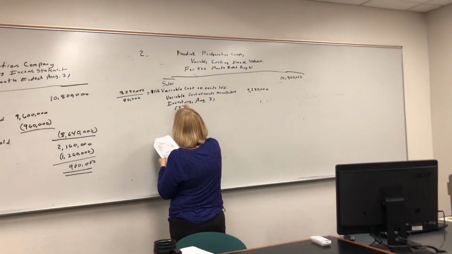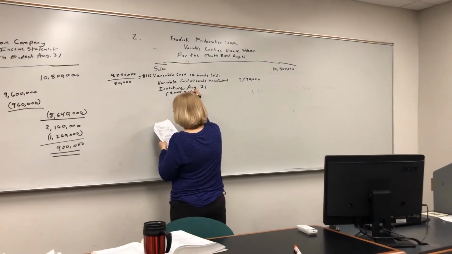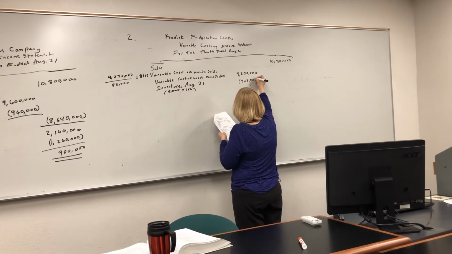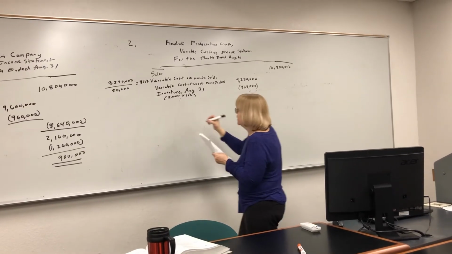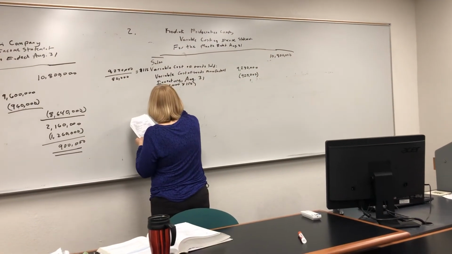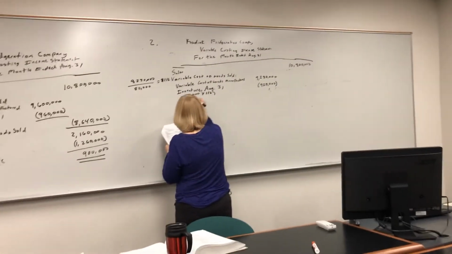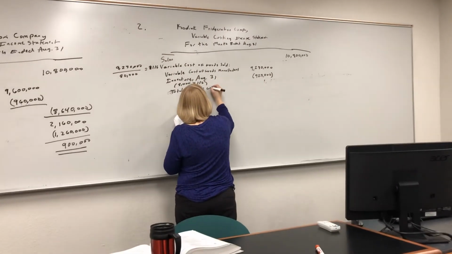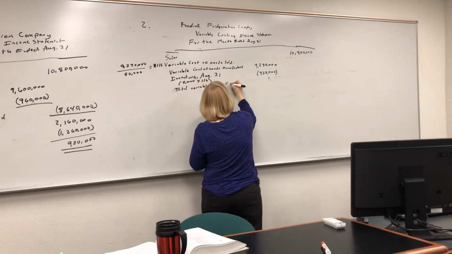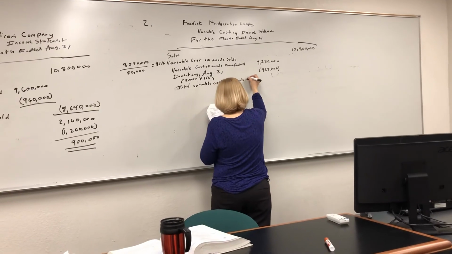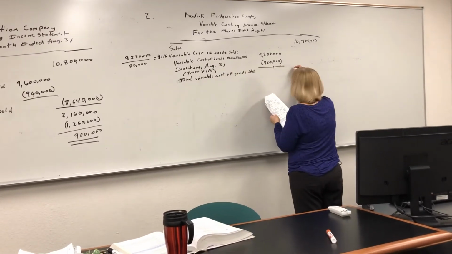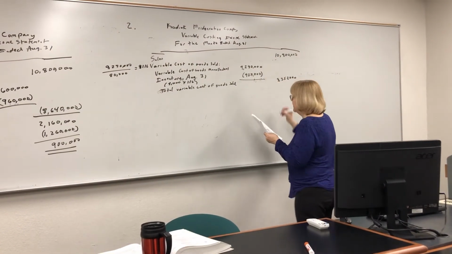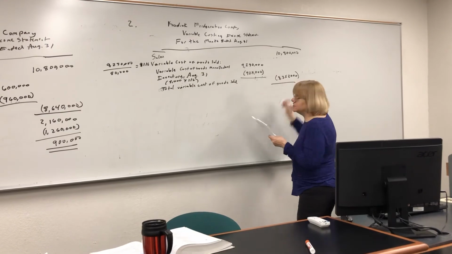So our 8,000 times the $116 gives us $928,000 in our ending inventory. So then we have total variable cost of goods sold of $8,352,000, which of course we subtract from our sales.